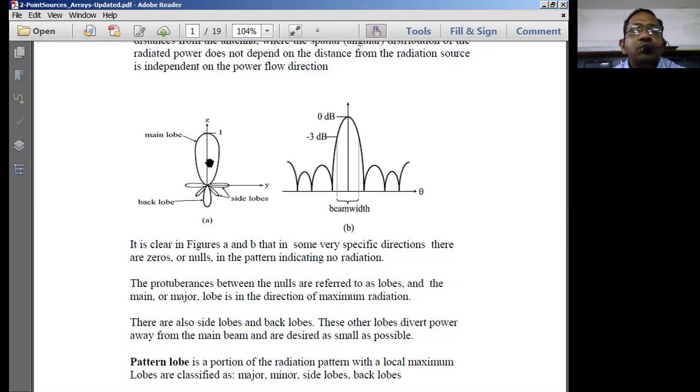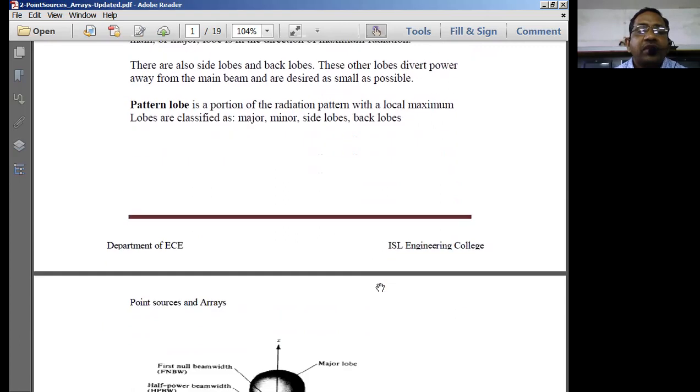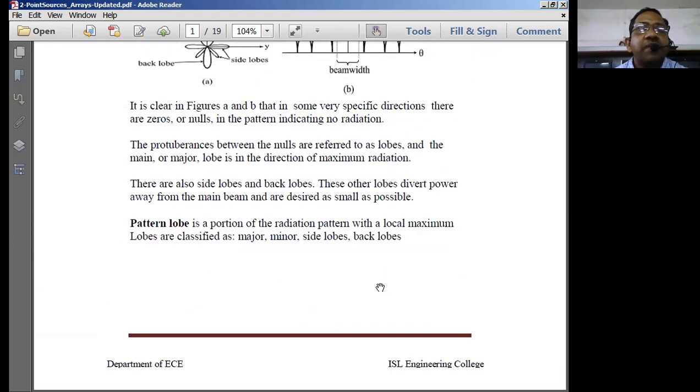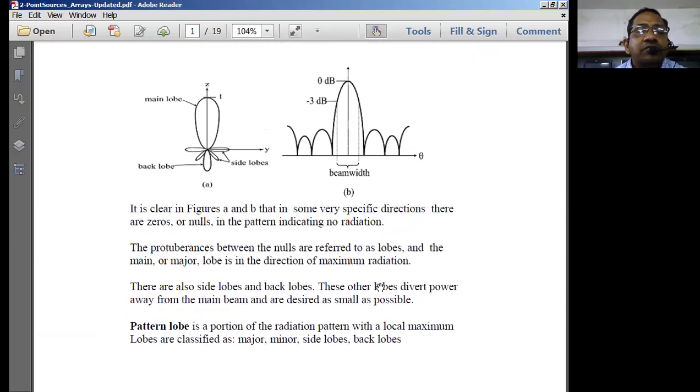If you move towards the axis of the antenna, the radiation decreases. The space between the lobes is known as the null points. So this is the radiation pattern in a two-dimensional figure.